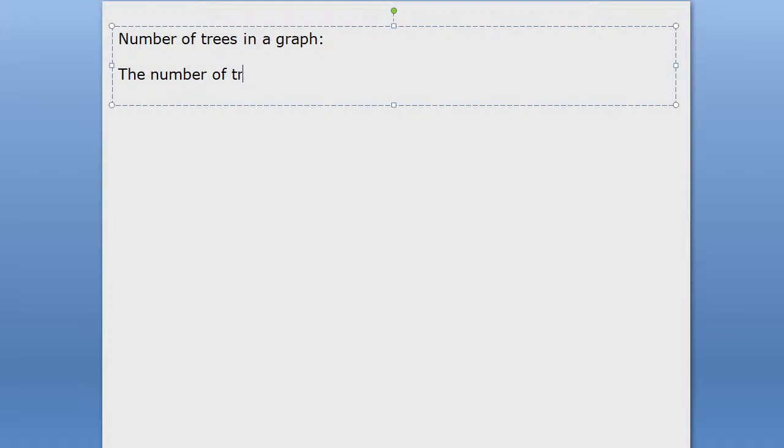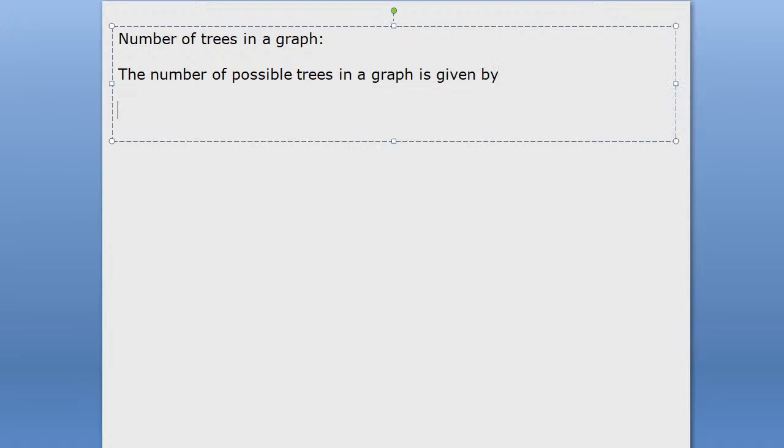The number of possible trees in a graph is given by, you just use this incident.